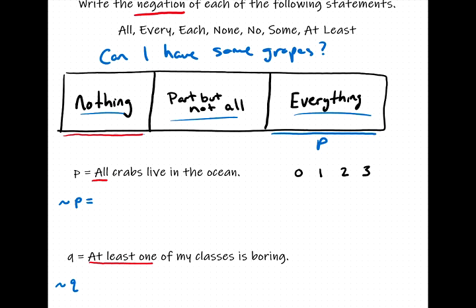So if I say all crabs live in the ocean, well, that means 3 crabs live in the ocean. But the negation has to account for all the other cases. The negation just can't be the 0 case. The negation has to account for 0 crabs, 1 crab, or 2 crabs living in the ocean.